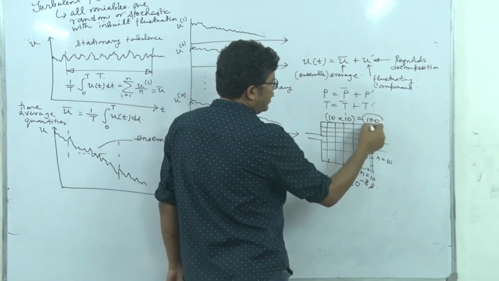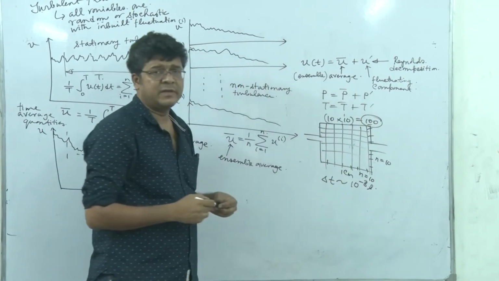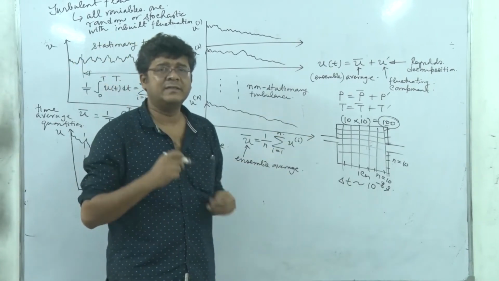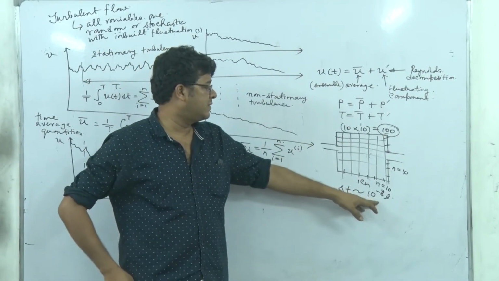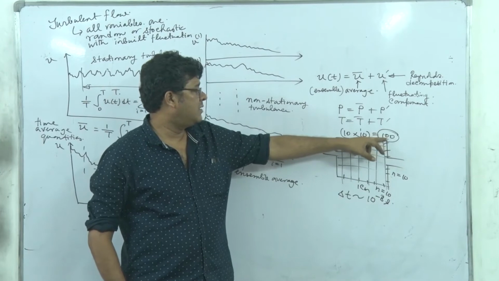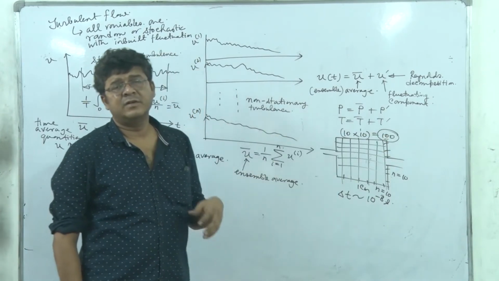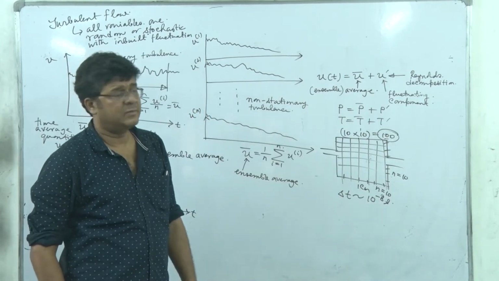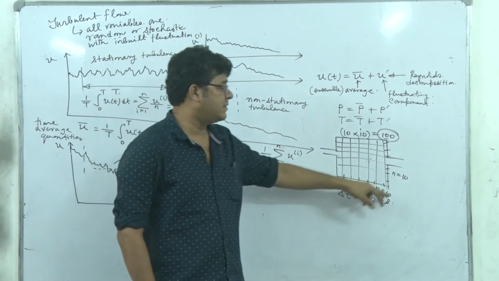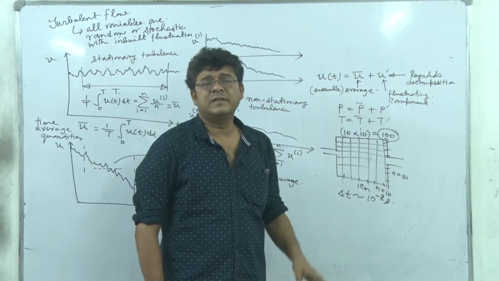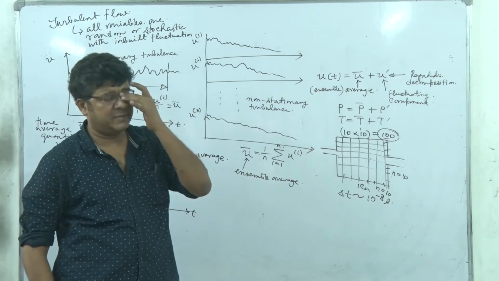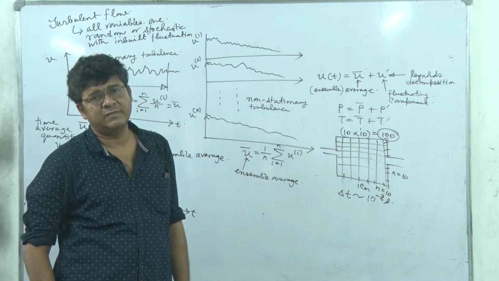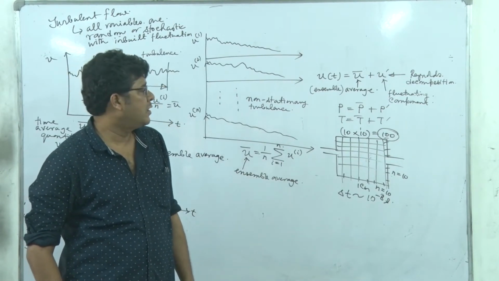So we have to solve these 100 algebraic equations. Just to simulate this system for 1 second, you have to solve these 100 equations 10 to the power 8 times, because the delta t is 10 to the power minus 8. So this is not at all possible except if you have a mainframe computational facility, right?